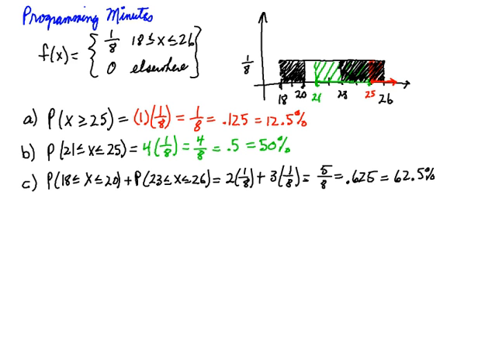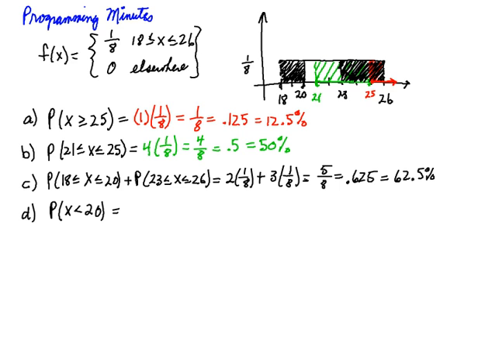So to answer that, I would say the probability that X is less than 20. And to calculate that, actually I've already calculated that as part of the answer to C. The probability that X is less than 20 is the same as the probability that X is between 18 and 20. Remember, none of the sitcoms have programming minutes less than 18.